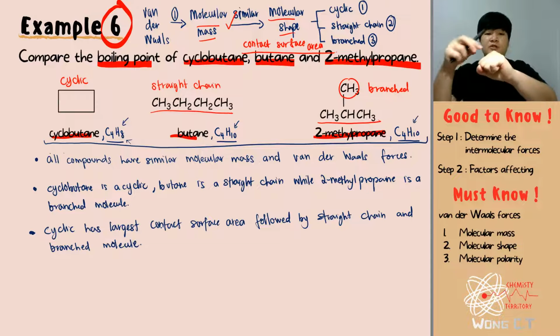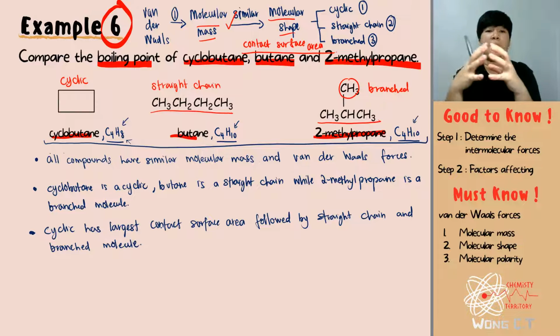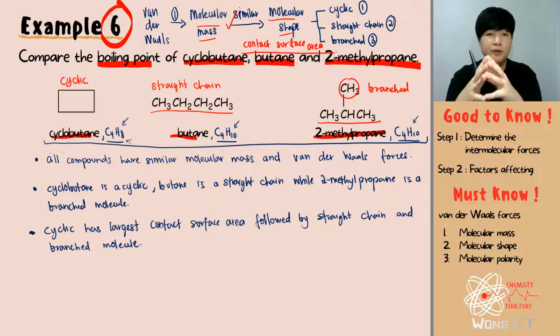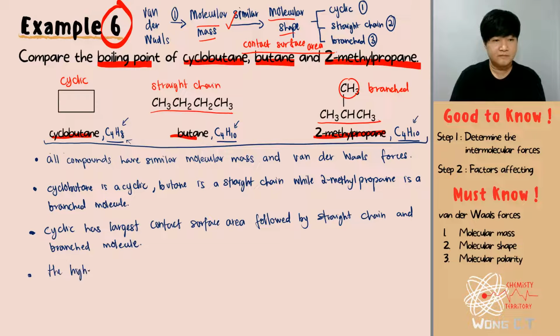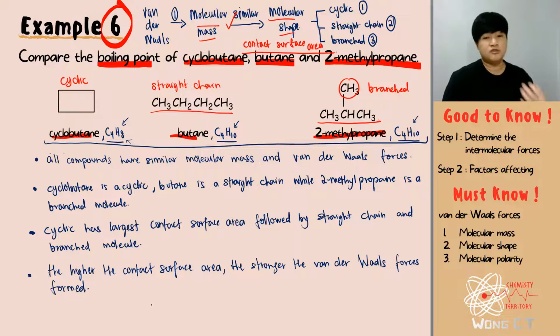Compared to the branch molecule, when you have branch, it's very compact. Alright? When the branch molecule is very compact, the contact surface area becomes smaller. Okay? And as always, when the van der Waals forces is stronger, you definitely need more energy to overcome the strong van der Waals forces.